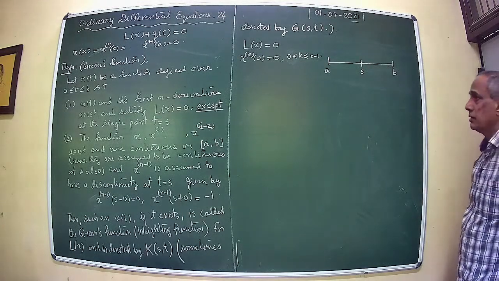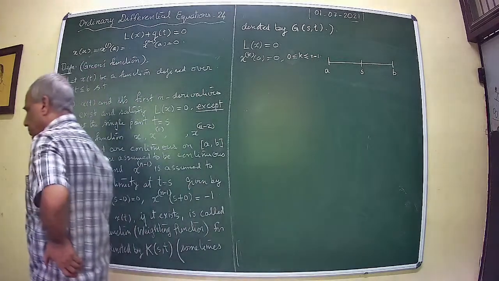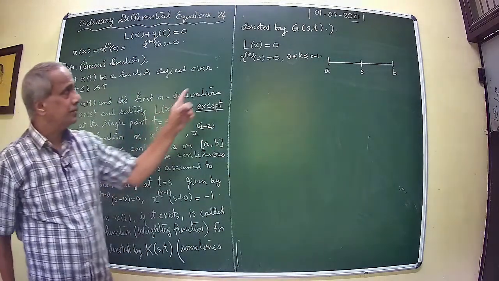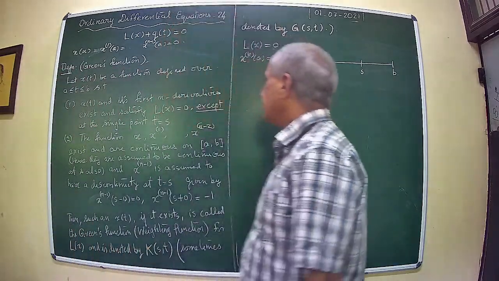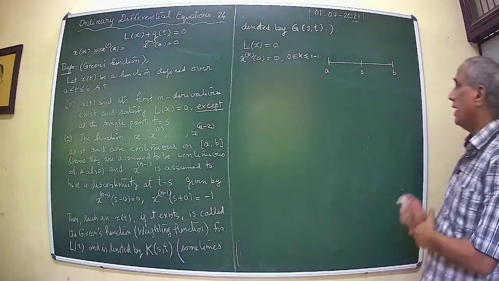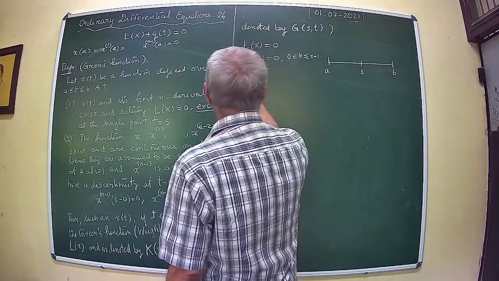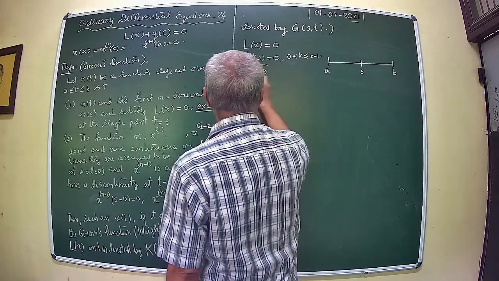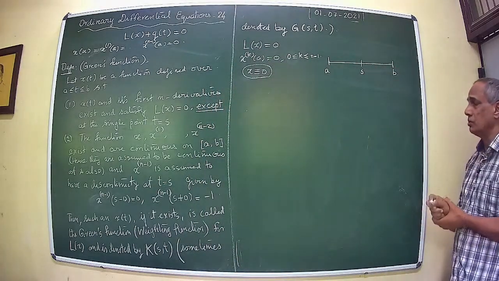Okay, this is the homogeneous equation with these conditions. Now you know that it's a well-defined initial value problem, it has a unique solution, and the unique solution has to be x identically equal to 0. So x identically equal to 0 is the solution for the problem Lx equal to 0.